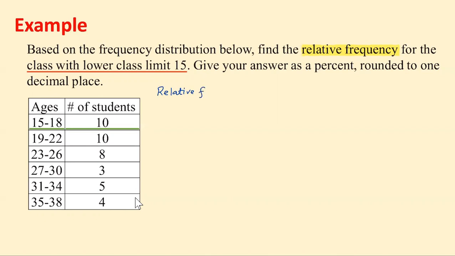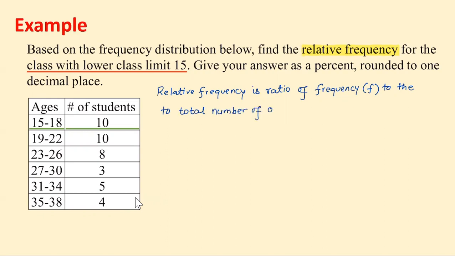Relative frequency is the ratio of frequency, denoted by F, to the total number of observations. The total number of observations in the sample is denoted by n.